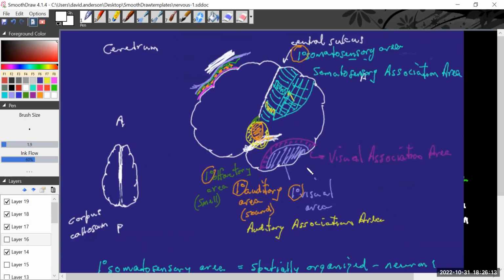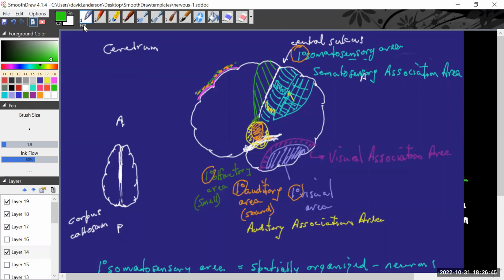Now, if we go to in front of our central sulcus, we've got a pre-central gyrus. And our pre-central gyrus is this area right here. Now I can get rid of some of this just to make some space.